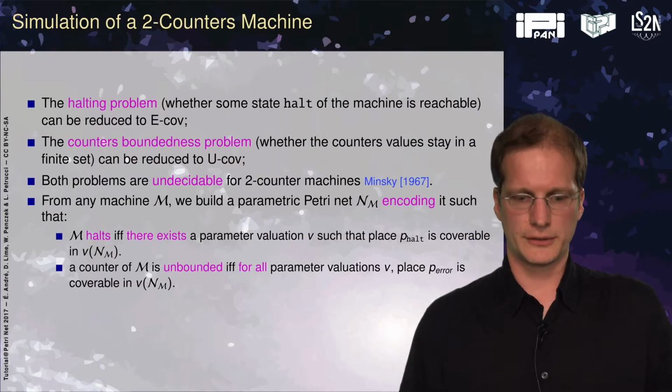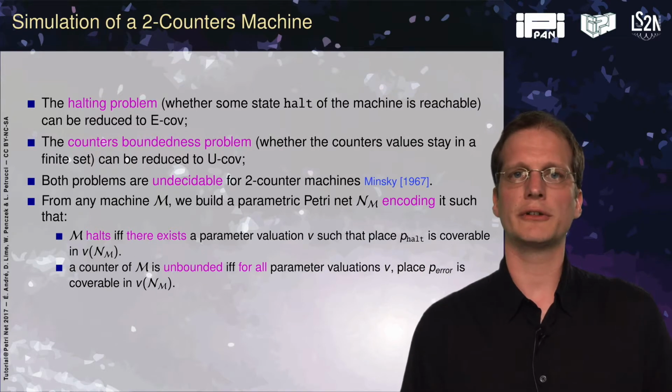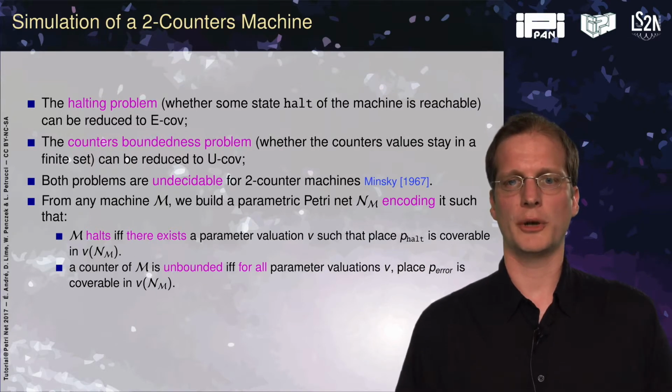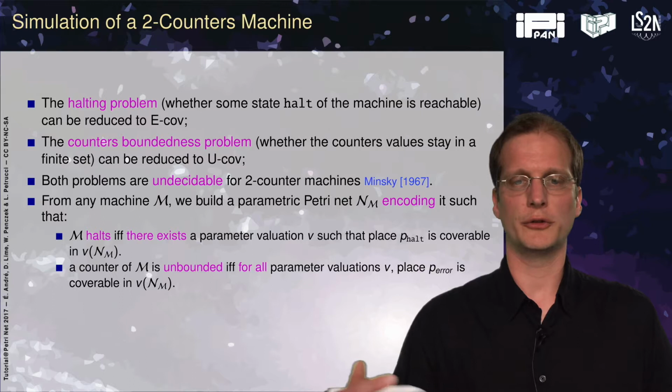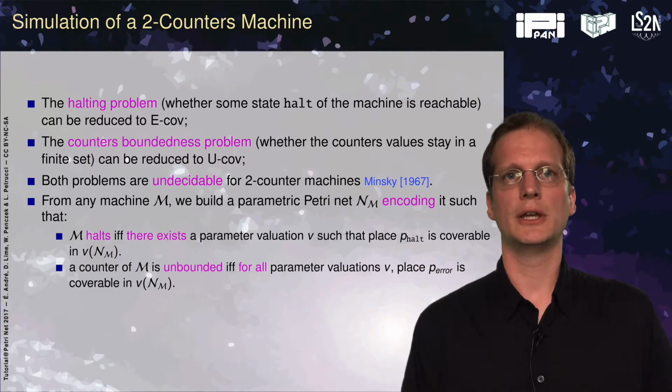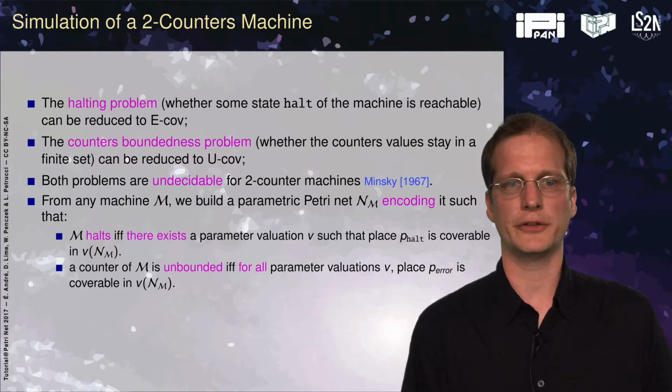We will see that if the counters are unbounded, then for every value of the parameter, there will be a moment when the value of the parameter will not be big enough to allow for an increment. And so we will go invariably for every parameter valuation to the error state.